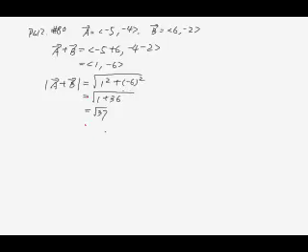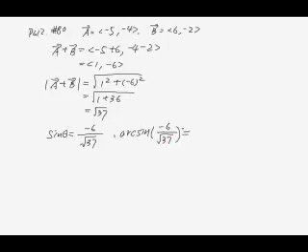Now, let's get the sine theta, sine of this direction angle. We know the magnitude is equal to root of 37, right? And the y-coordinate of this vector is equal to negative 6. So first, we can find the arc sine of negative 6 over square root of 37, and this is approximately equal to negative 80.54 degrees.